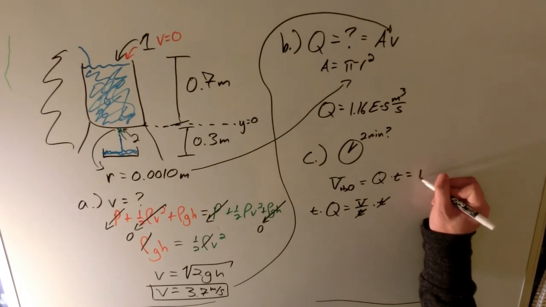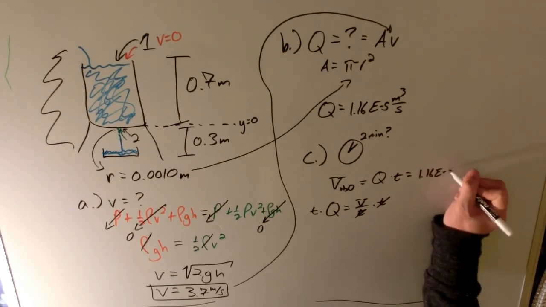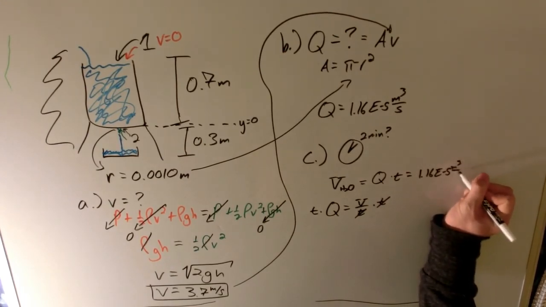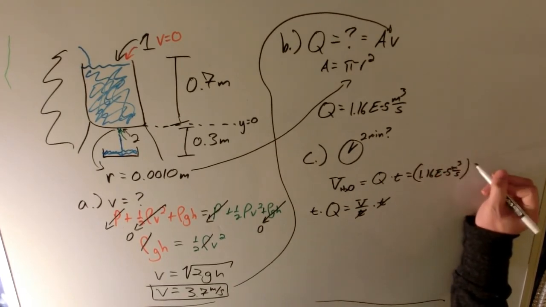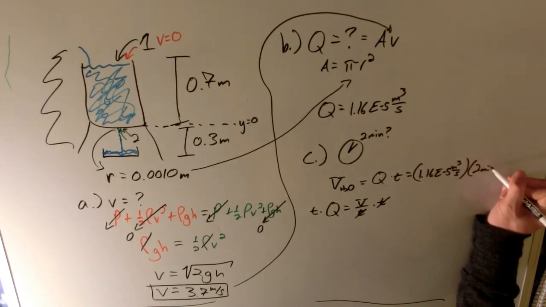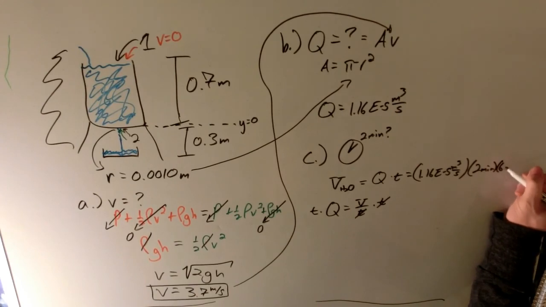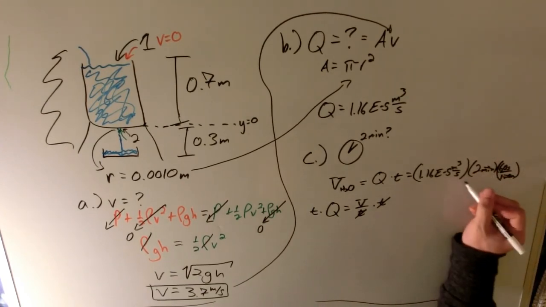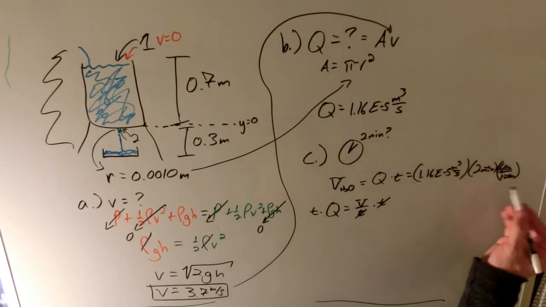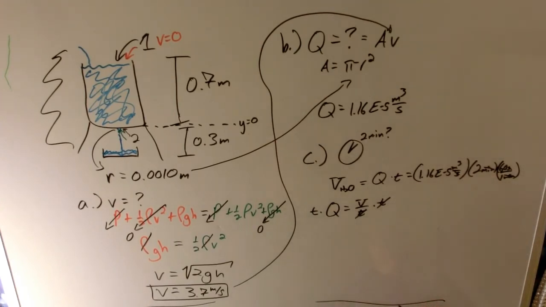Well, my flow rate is 1.16 times 10 to the negative fifth cubic meters per second. Now I'm going to multiply that by my time, which is 2 minutes. I'm also going to need a factor of 60 seconds per 1 minute over here to convert the 2 minutes into seconds so that my seconds will cancel out. I want all of my units gone except for cubic meters.